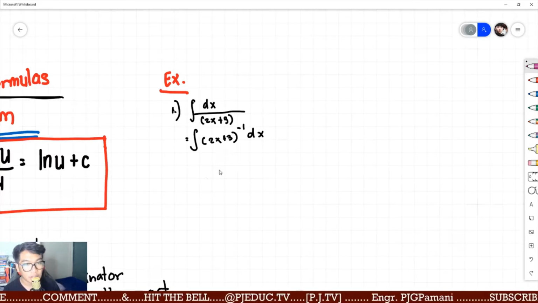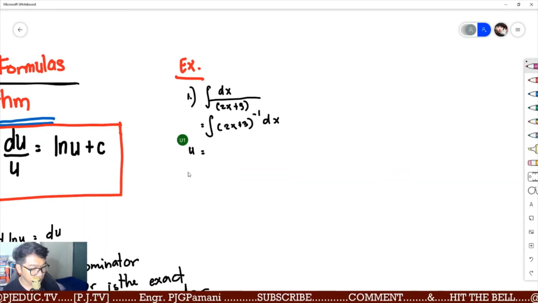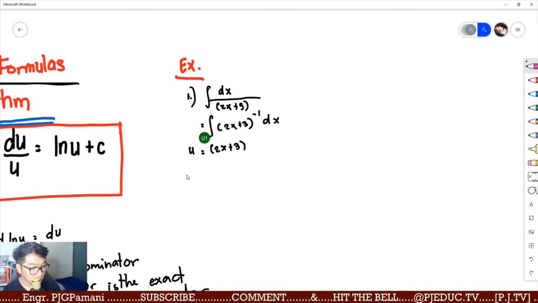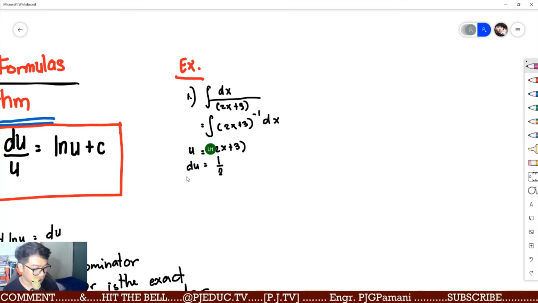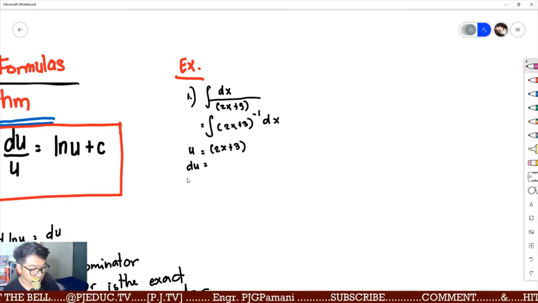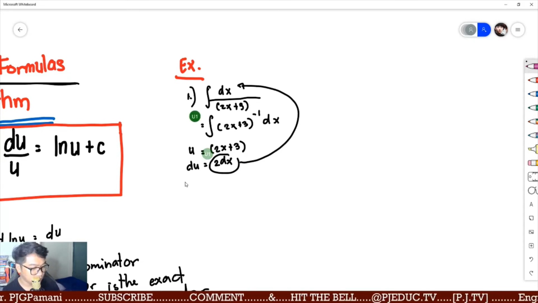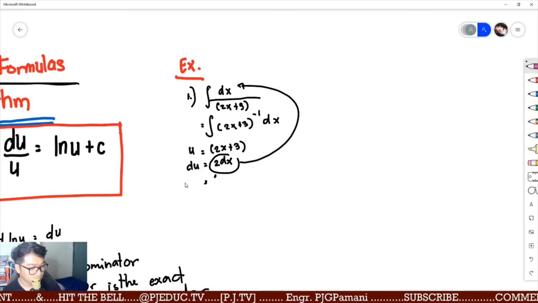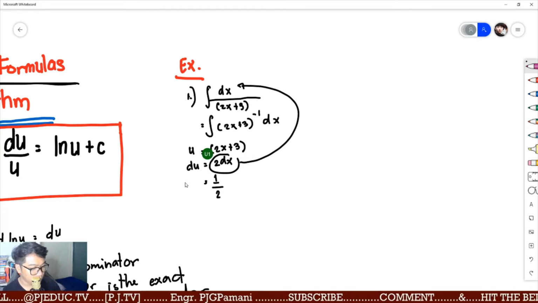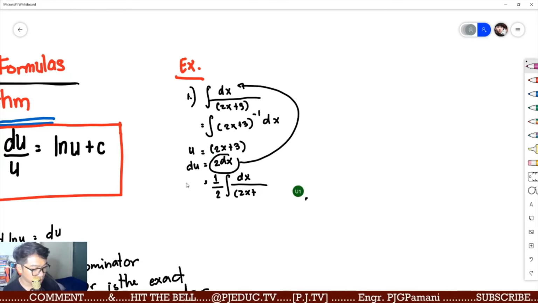Using the given general formula for logarithm, we are able to identify u, which is equal to 2x plus 3, such that the derivative of that function is 2 dx. Meron tayong dx doon. So basically, mag-introduce tayo ng correcting factor na 1/2. So therefore, 1/2 is simply integrating dx over 2x plus 3.